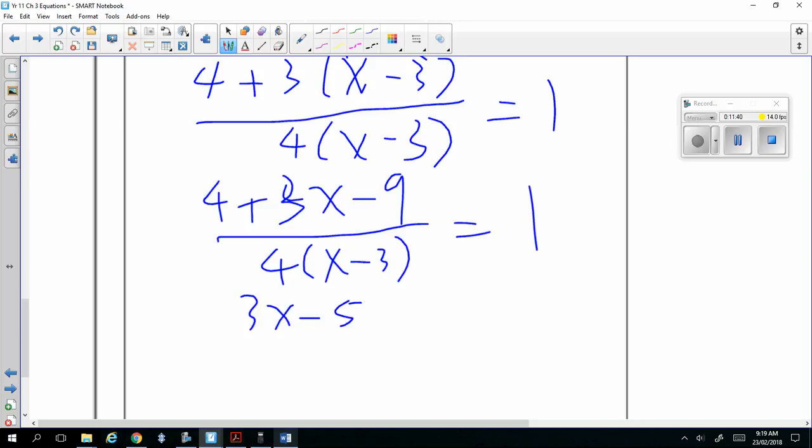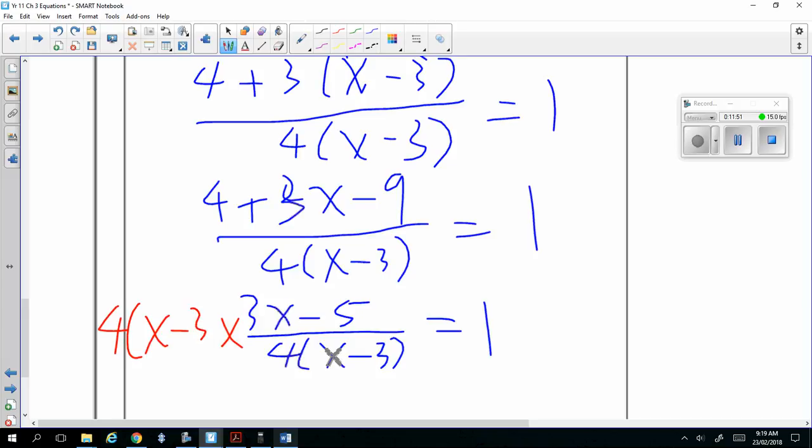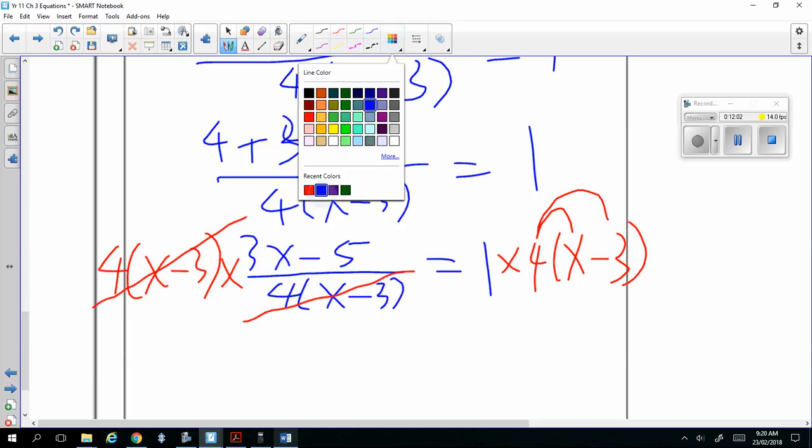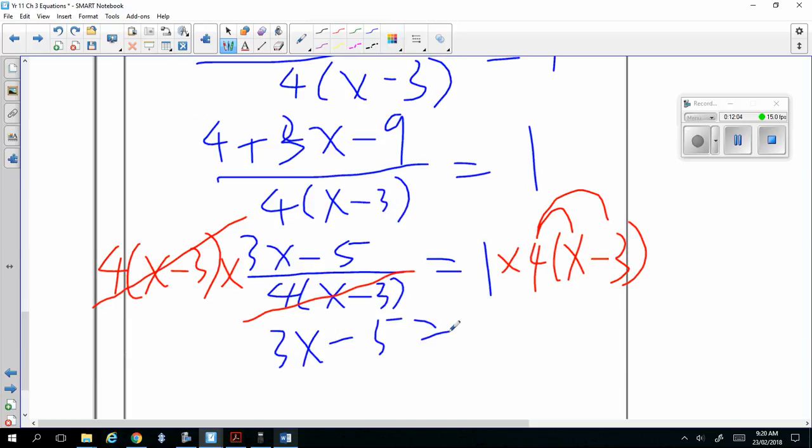And then now, once everything is simplified, you multiply both sides by the denominator. 4 bracket x minus 3, you get cancelled, right? And then you just expand this so that you end up getting 3x minus 5 equal to 4x minus 12. And then you're going to solve for x.